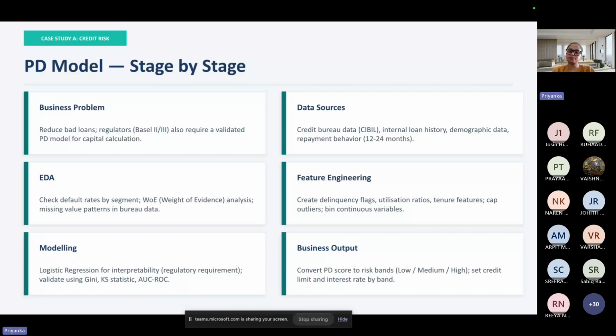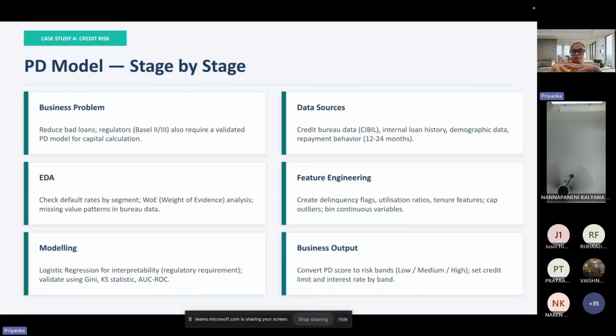And they have created a report based on our historical behavioral pattern: how many loans we have taken before, how we are repaying those loans, how our income has increased over time, how many dependents we have right now. So there are a lot of data points in that particular data set.